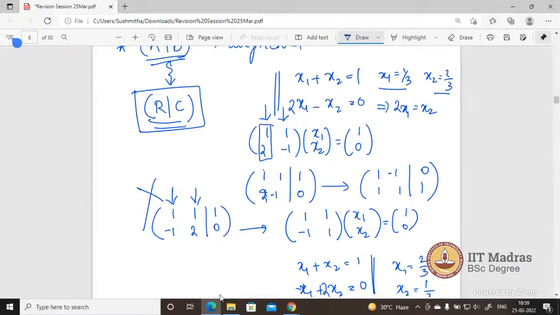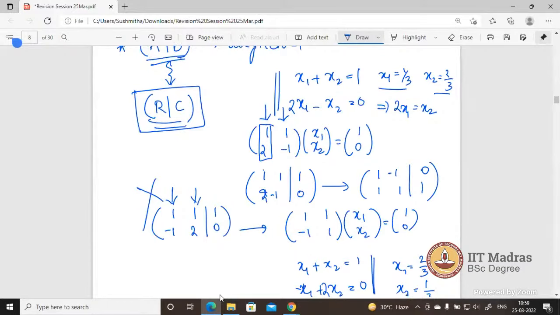So if I have this system, say suppose I have... Is it that simple to tell that a variable without a pivot is an independent variable? Yes, it is. So suppose I have this system, say 0, 1, 0.